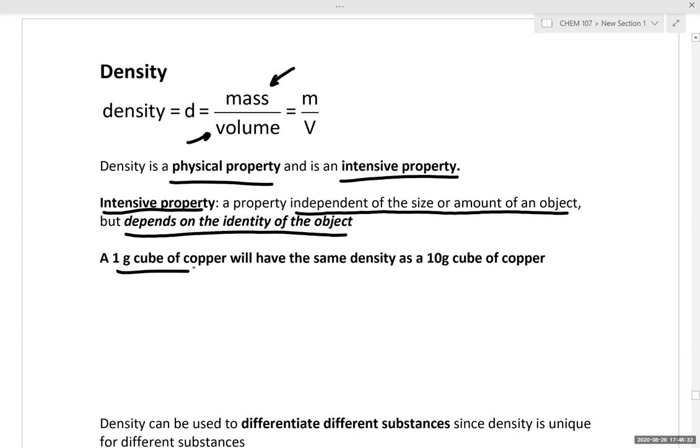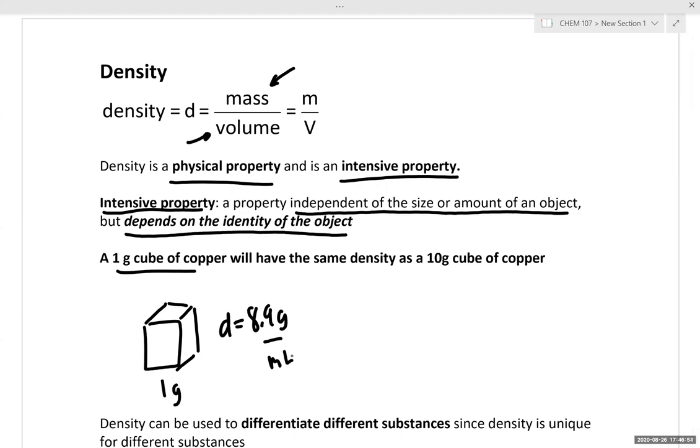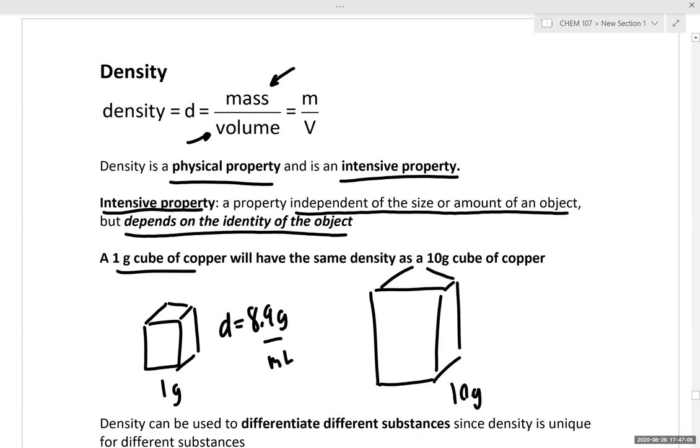So the classic example I use is a 1 gram cube of copper. A 1 gram cube of copper will have the same density as a 10 gram cube of copper. Copper has a density of around 8.9 gram per milliliter. If we scaled up and increased the size of our copper cube, and we were looking at a 10 gram cube, it would still have the same density of 8.9 gram per mil.